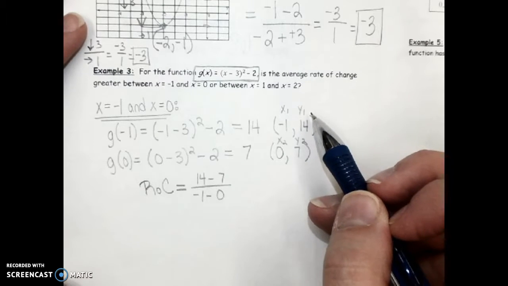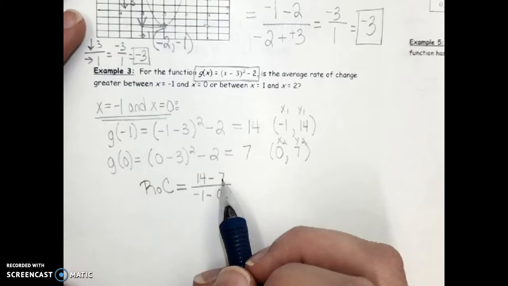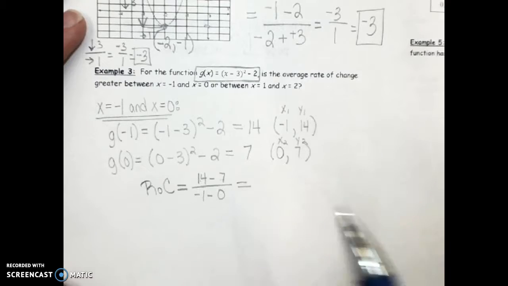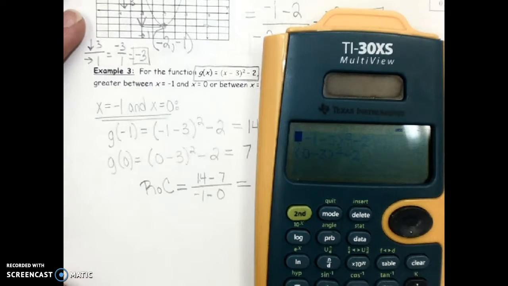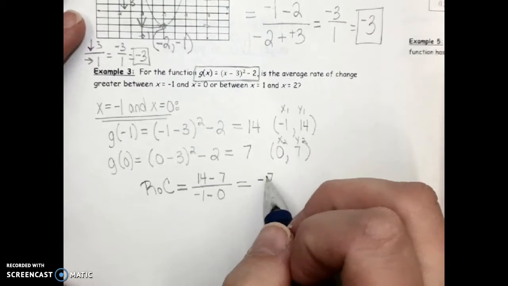I did that for a reason, to show you, as long as you get the y's lined up and their correct x lined up with them, you're going to get the same answer. So let's plug this into our calculator for those of you that struggle with the calculator. N over D gives us our fraction. 14 minus 7 over negative 1 minus 0. I get a rate of change of negative 7. So that's the rate of change for this interval.